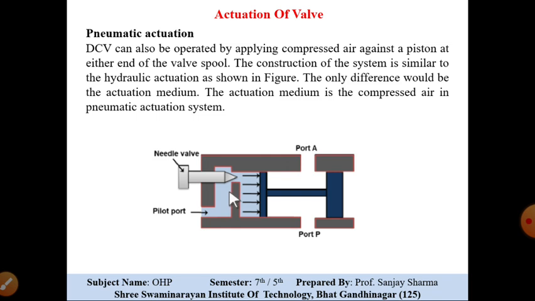Construction wise they are similar, but they are very effective, because here the air is used which is available free from the environment. No hydraulic fluid is used, so the cost is reduced. The operating cost of pneumatic actuation is reduced.